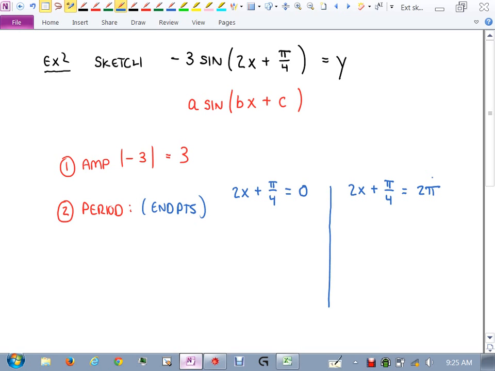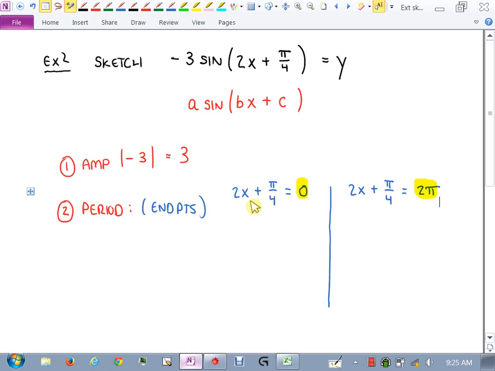Always, all right? That's the good news. For sine and cosine, it's always going to be 0. It's always going to be 2 pi, the two equations that you set up. Now, the argument's going to be different in every problem, but that definitely has to be the same. All right, so that is good news. These won't change.